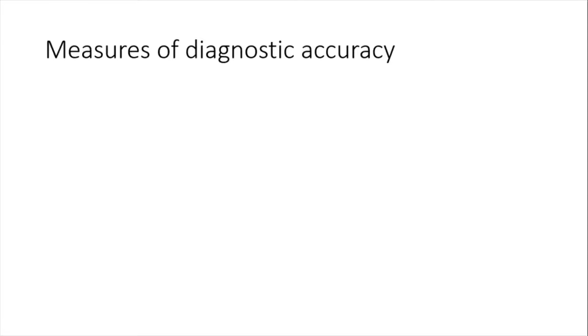Now, what are the measures of diagnostic accuracy? For a diagnostic accuracy study, we should be quite clear. An accurate test should be accurately picking up disease positive cases and calling negative cases disease negative. This is the basis of diagnostic accuracy studies.